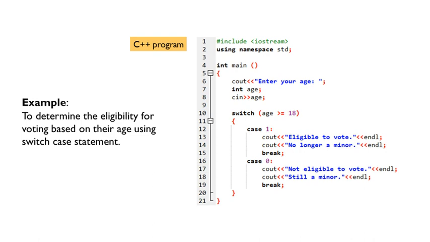So if the expression in line 10 is true, the compiler will execute lines 13 and 14. But if the expression in line 10 is false, then the compiler will execute the statements in lines 17 and 18.